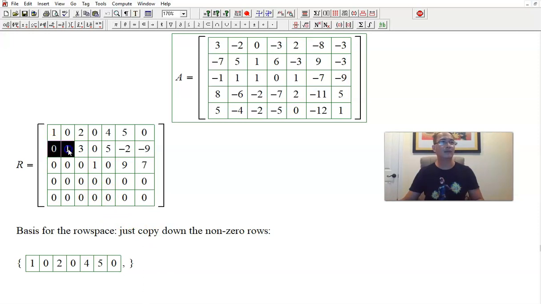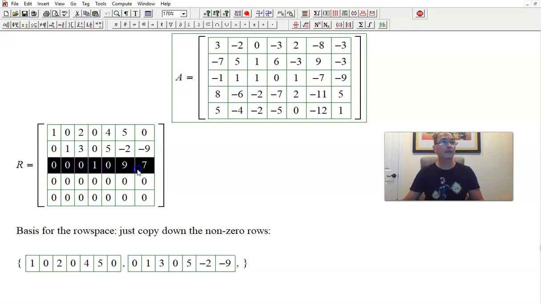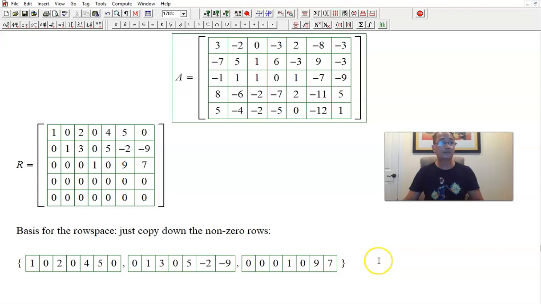Why should we have to put commas and braces and all that when it's very clear where each entry is located? So here is our basis for the row space, and its dimension, of course, is 3. Let's write that down: the dimension of the row space of A is equal to 3.